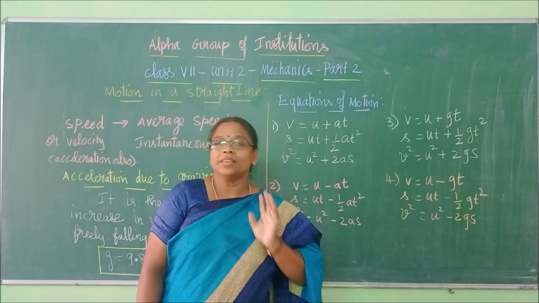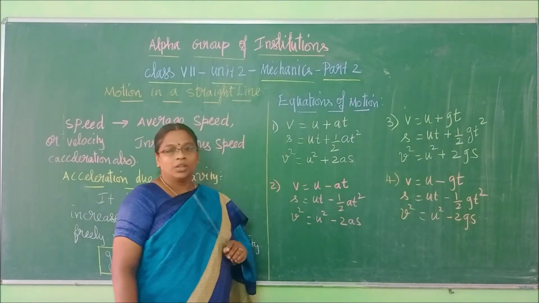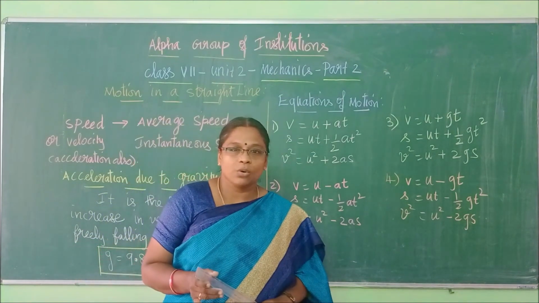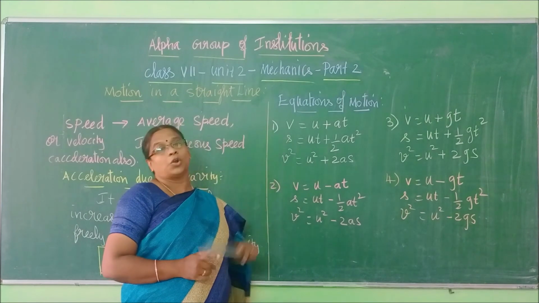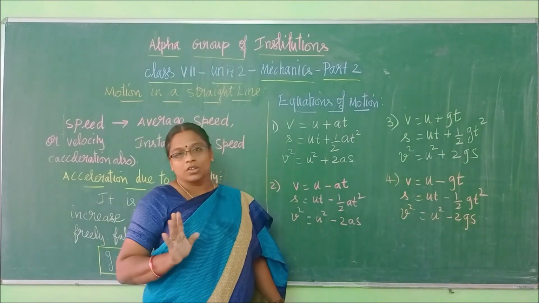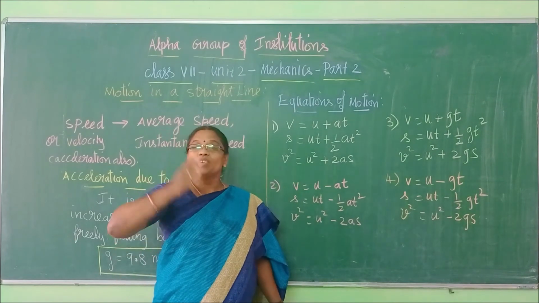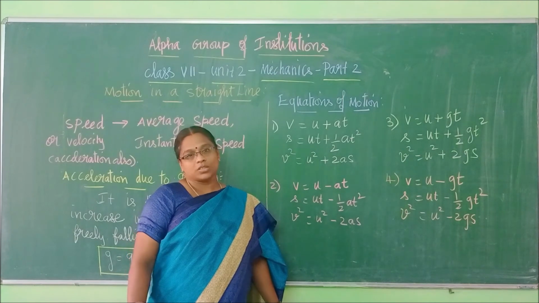First I will explain the terms. What is V? What is U? These are all velocities. U means initial velocity, V means final velocity. Initial means when the body starts to move, what is its velocity? That is U. When it finishes its travel, what is its velocity? That is its final velocity.